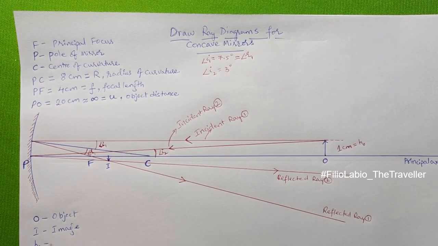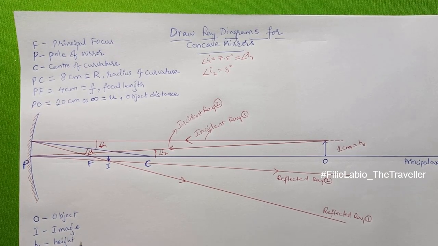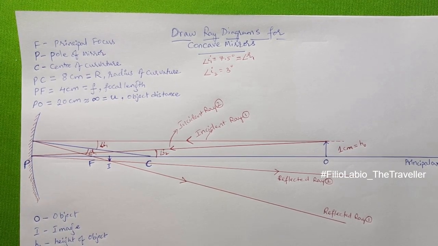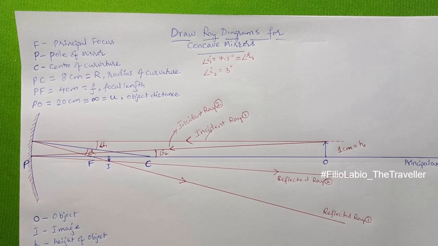HO is for height of object, the size of the object. Similarly, HI is called height of image.